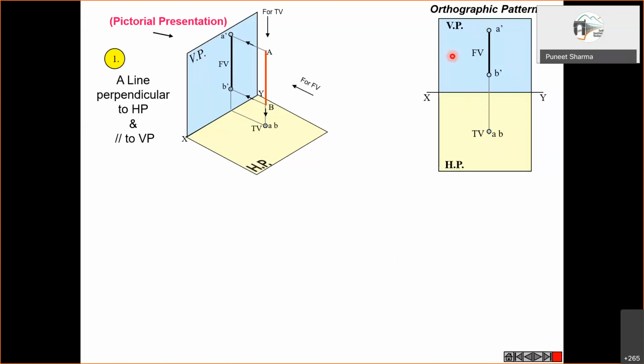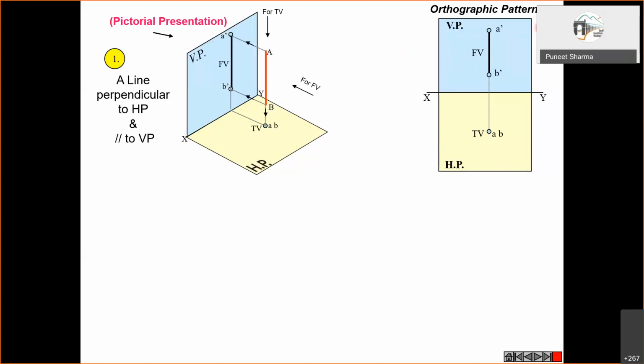When you have to draw, don't write front view FV or top view TV, these abbreviations, as we discussed in the previous class also. You don't need to draw these rectangular boxes to represent the vertical or horizontal planes, nor write front view or top view.